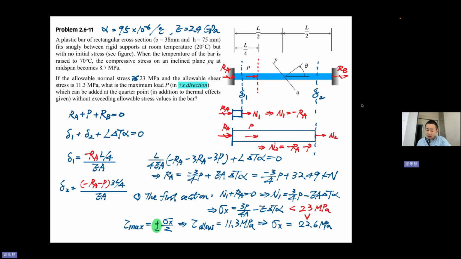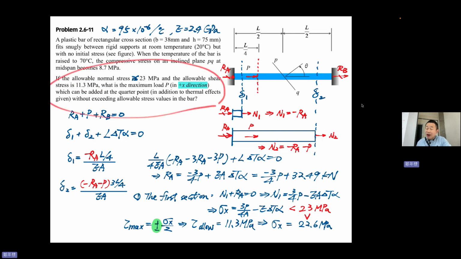And yesterday we focused on this. The temperature increases 50 degrees C and the bar is locked between the walls, and the allowable normal stress is 23 megapascal, and the shear stress is 11.3 megapascal.